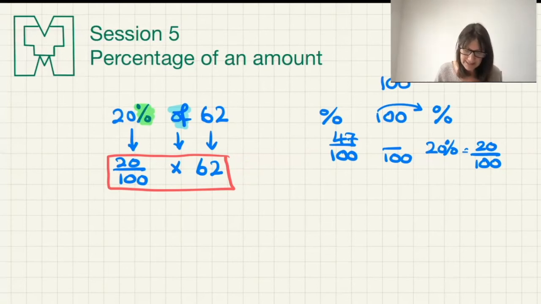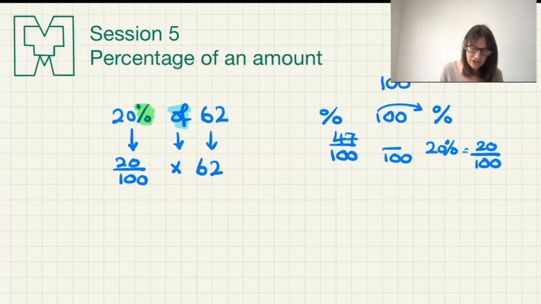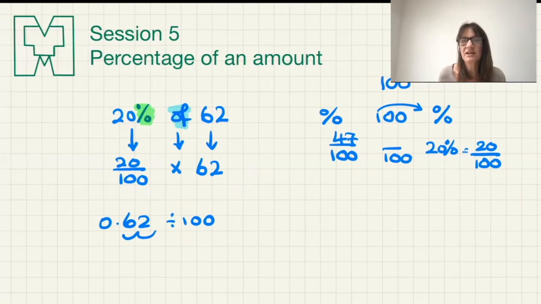All right, so let's see this. Now, if I do exactly what I did, on our fraction of amount, that would tell me to do 62 divided by 100. Now, 62 divided by 100 is going to create a decimal. I don't want that. I don't want to suddenly go from working in whole numbers to working in decimals.